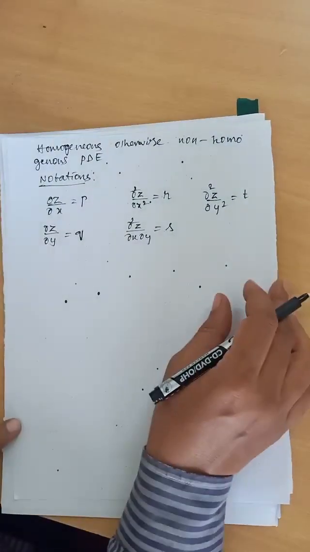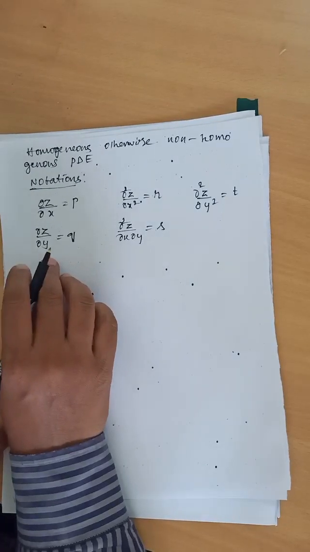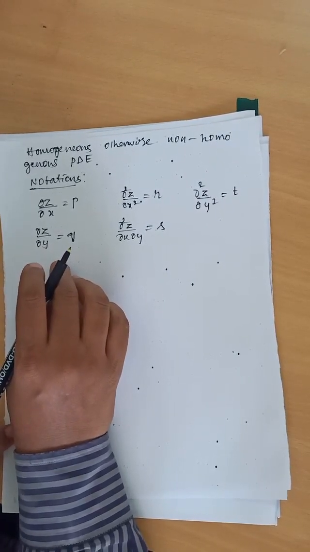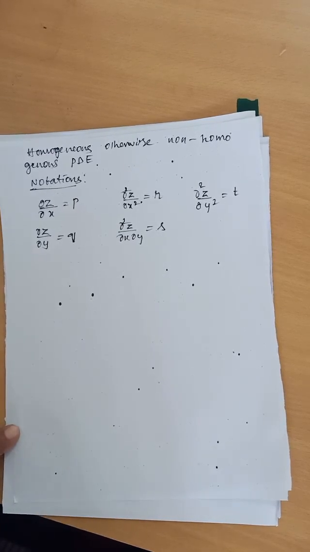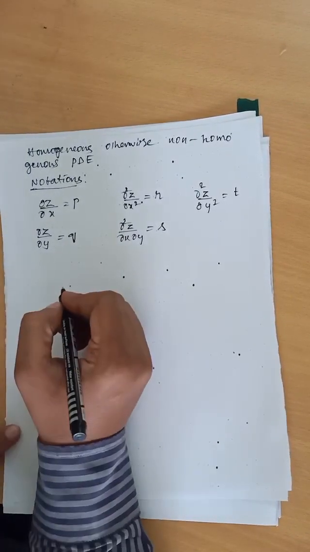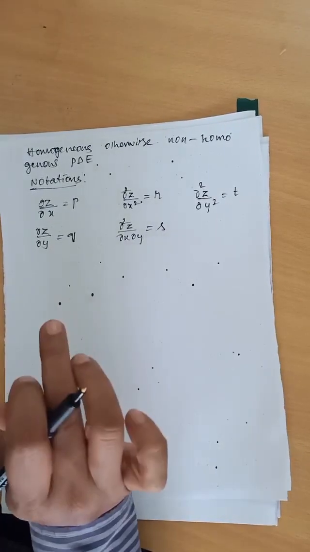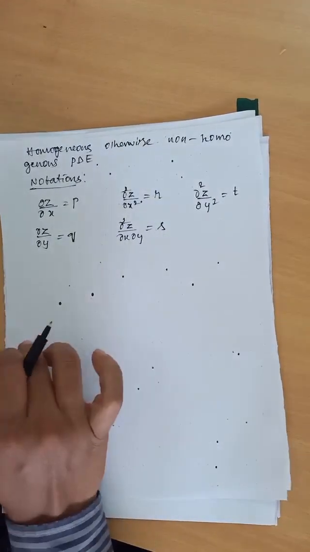After knowing these 5 notations, in this unit one question from each method: construct partial differential equation by eliminating arbitrary constants, and construct partial differential equation by eliminating arbitrary functions.